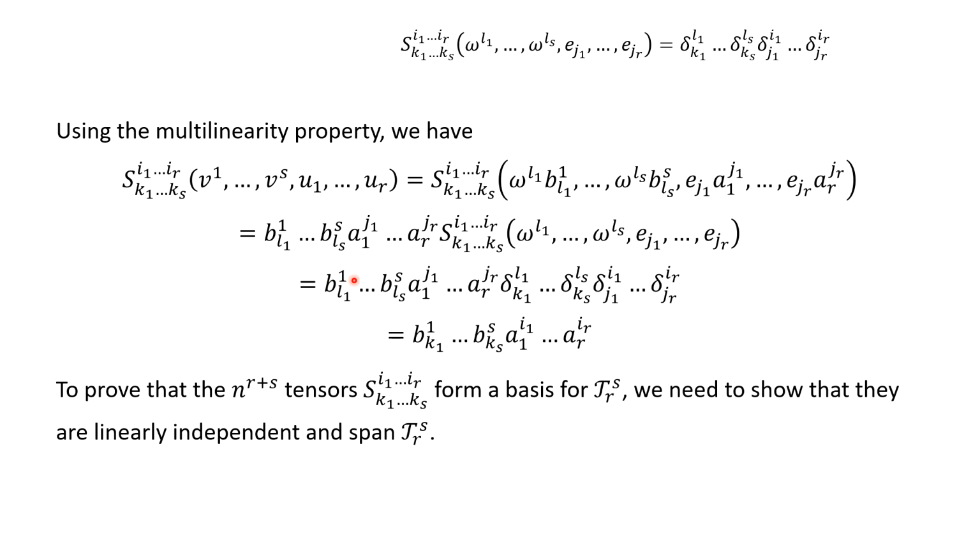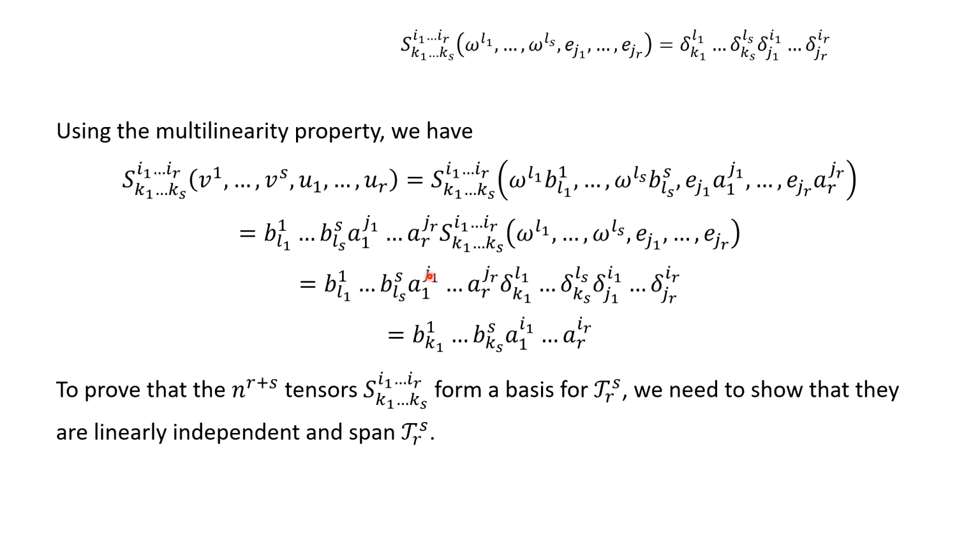If you take this first one and this first Kronecker delta, the only time this product here is not 0 is when l sub 1 equals k sub 1, and then this is 1, and this becomes B sub k sub 1, 1. We can do that for all the other B's here.